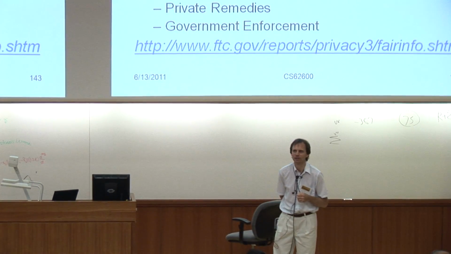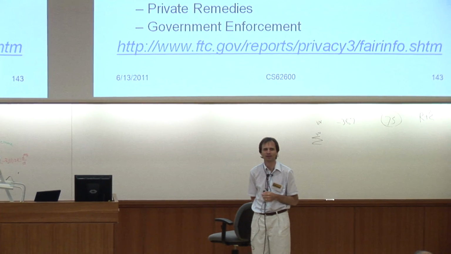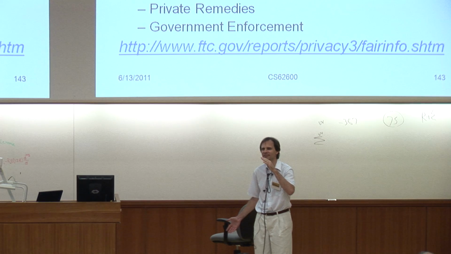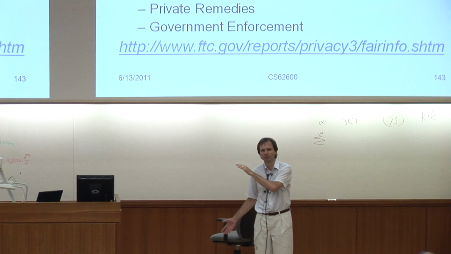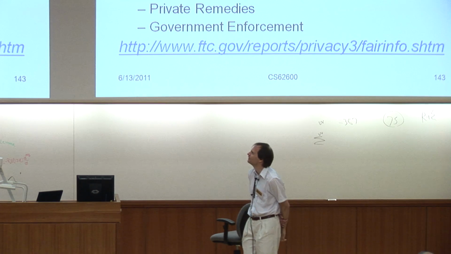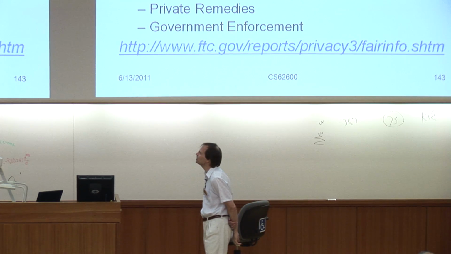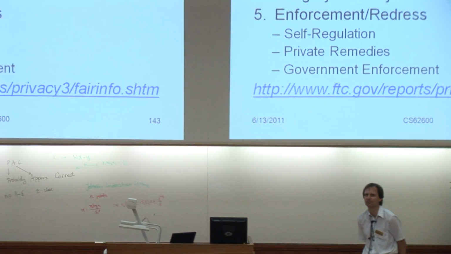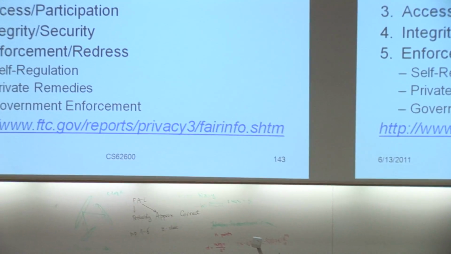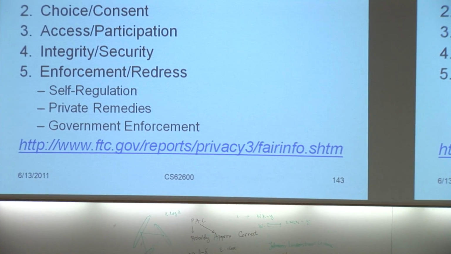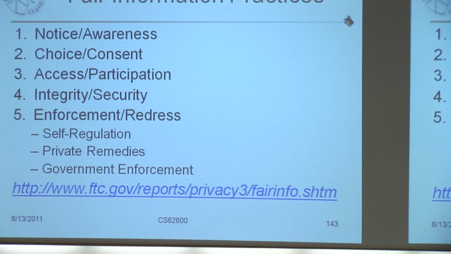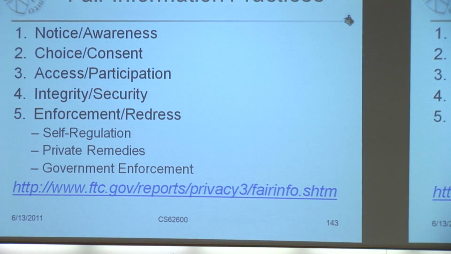Compare that with the typical privacy policy you look at, where it says read all this fine print. If you click on this link, you can see all the fine print. Okay. Access, participation. You ought to be able to see your data. You ought to know what they've maintained about you. Integrity and security. You need to make sure that the data is correct, and that you protect it.